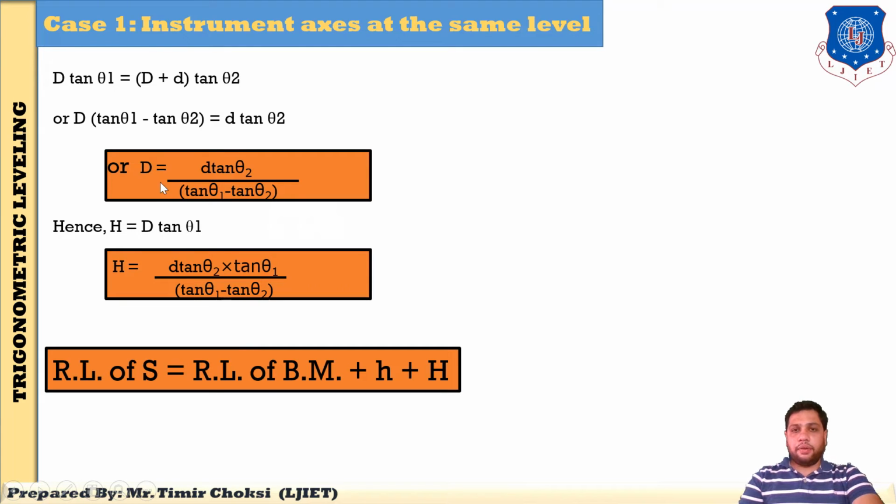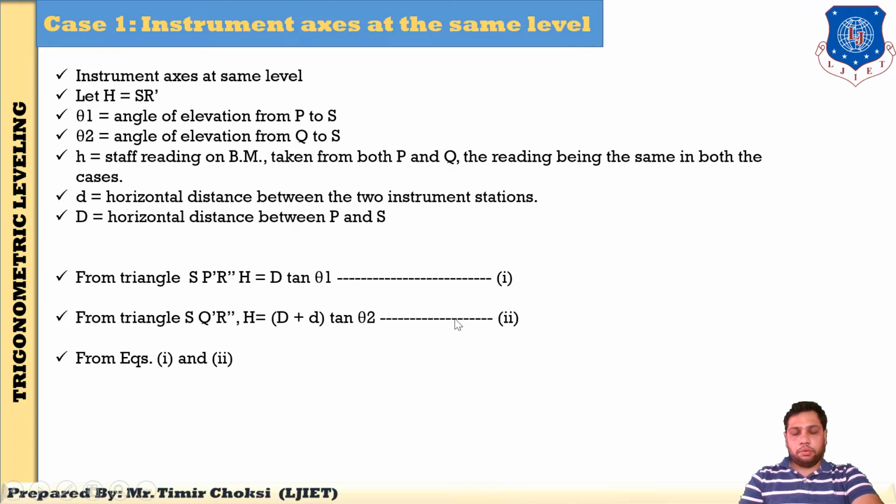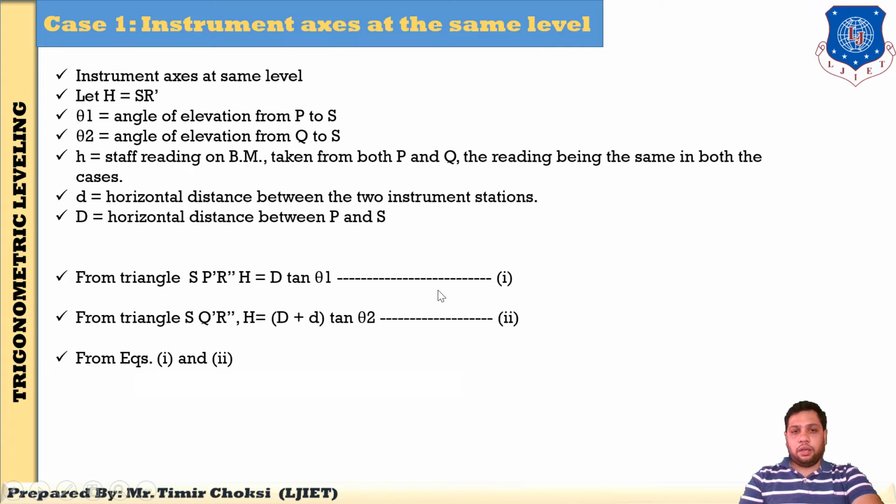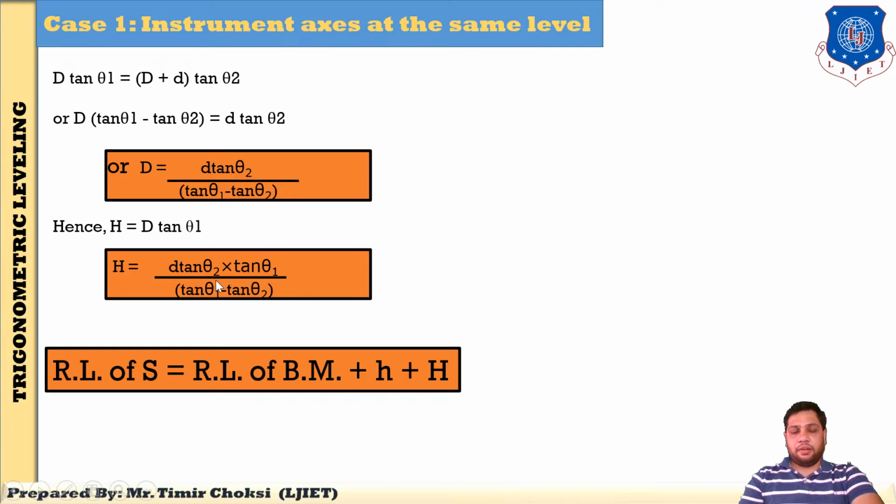Now put the value of capital D in equation number 1 or 2. Generally, students put it in equation number 1, so you can easily find capital H. Substituting D and multiplying by tan theta 1, capital H equals small d tan theta 2 into tan theta 1 divided by tan theta 1 minus tan theta 2.